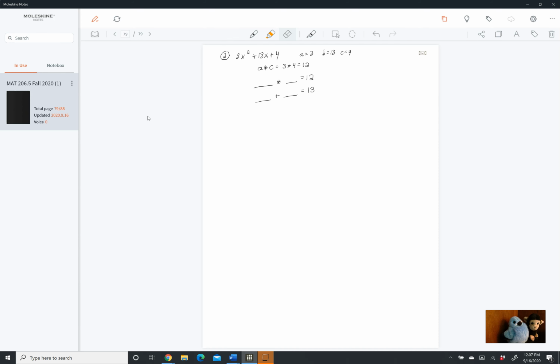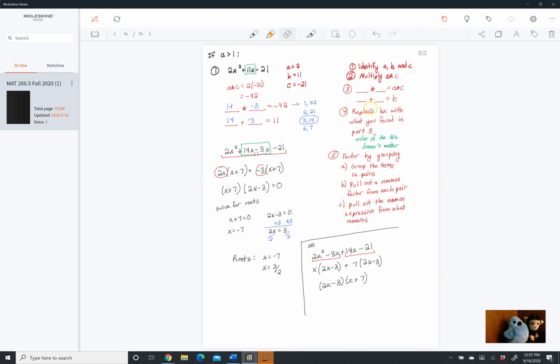Okay, multiply to 12 and add to 13. So this is like our part 1, part 2, and part 3 from the instructions, right? Identify A, B, and C, we did that. We multiplied A times C. Now we're up to this step where we multiply to get AC and we add to get B.